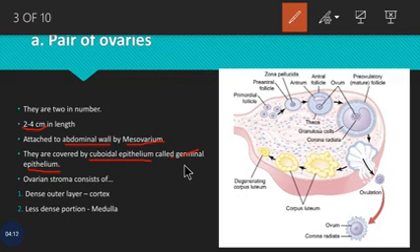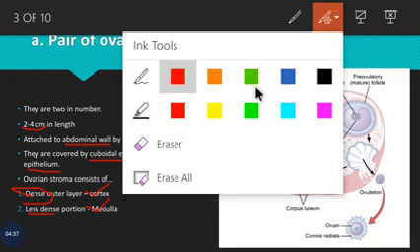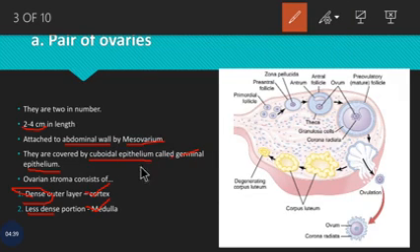The ovary consists of two portions. The outermost dense layer is called the cortex, and the less dense portion is called the medulla. Let me show you with the highlighter. I am taking this green color to denote the cortex region of the ovary.